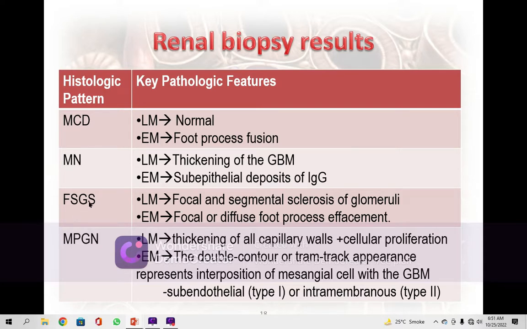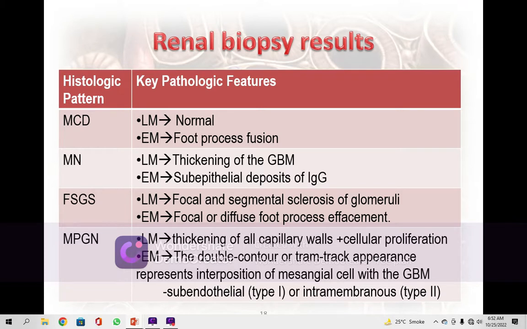Focal and segmental glomerulosclerosis: in light microscopy, focal and segmental sclerosis, meaning fibrosis in the glomerulus. But in electron micrograph, you find focal and diffuse foot process effacement. In membranoproliferative glomerulonephritis, in light microscopy, there will be thickening of the capillary wall plus cellular proliferation.